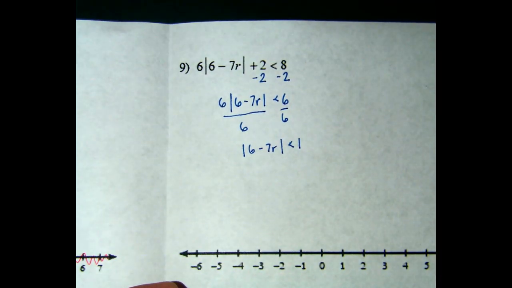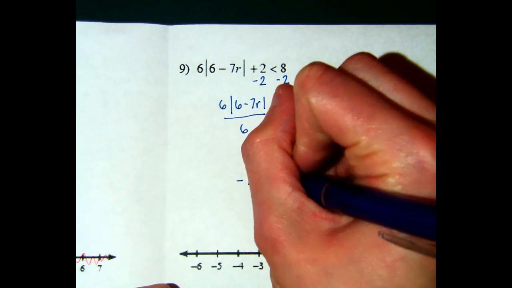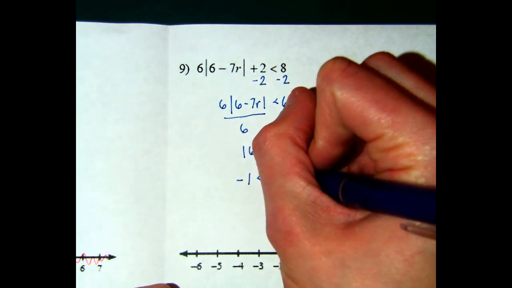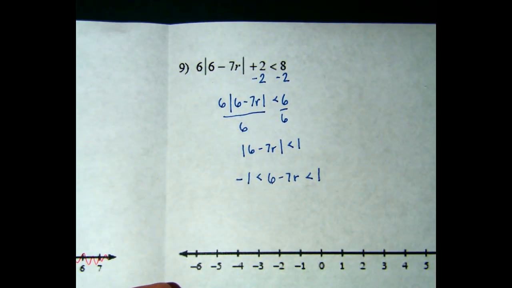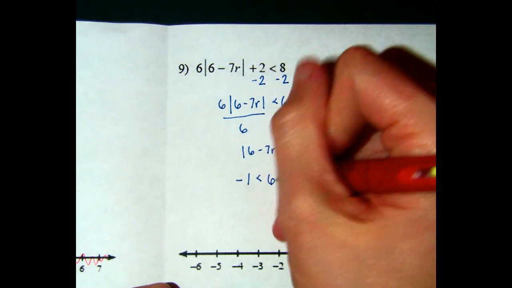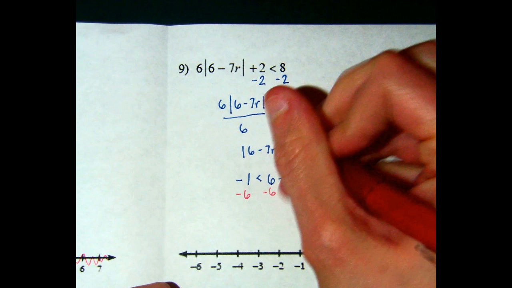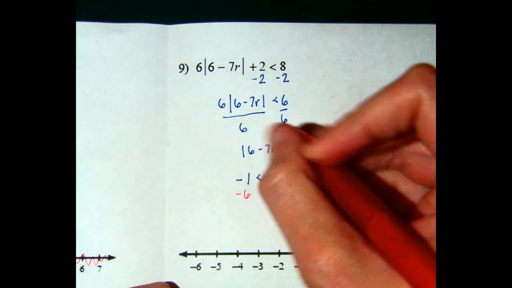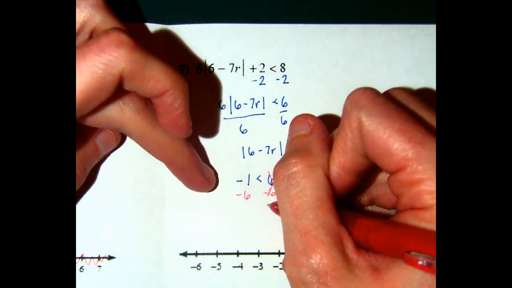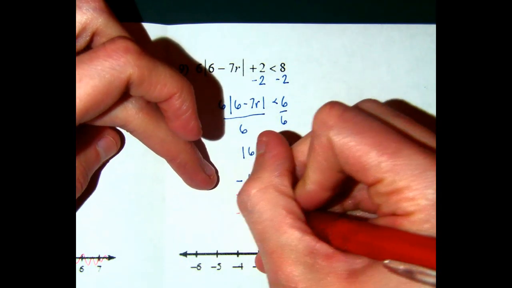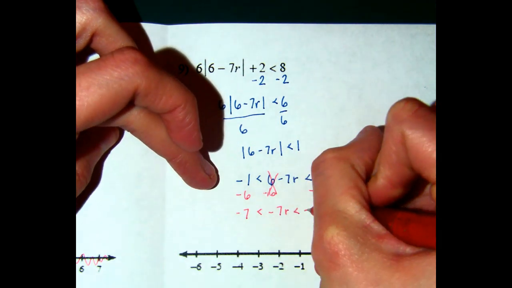This one is a less than, so we are going to set it up as an and compound inequality, where I have a negative 1 is less than whatever's inside, 6 minus 7r less than positive 1. I'm going to continue to solve by moving the 6, which is positive, to each piece. We have negative 7 is less than negative 7r is less than negative 5.